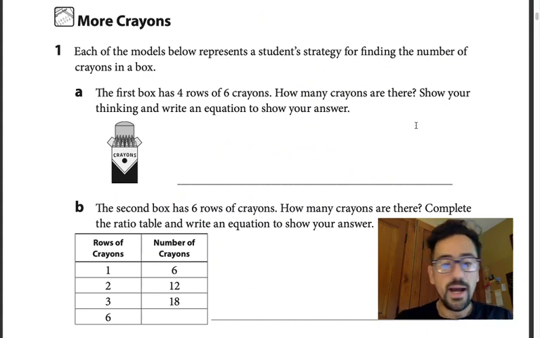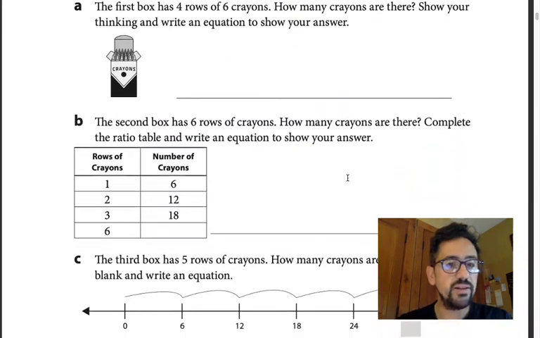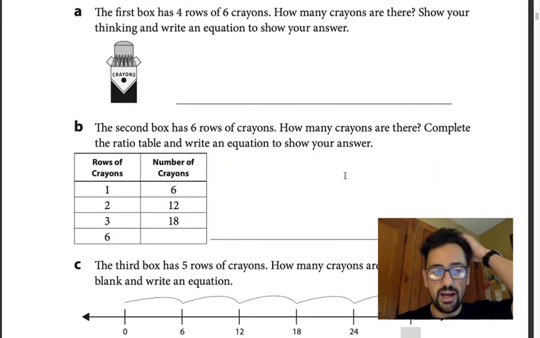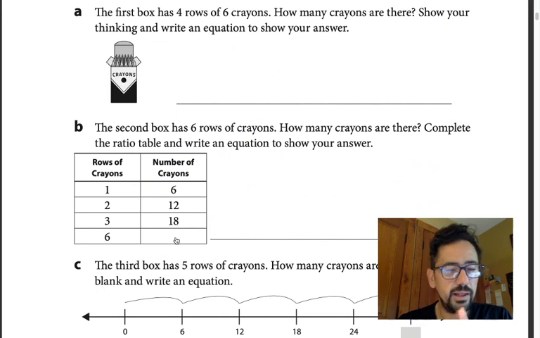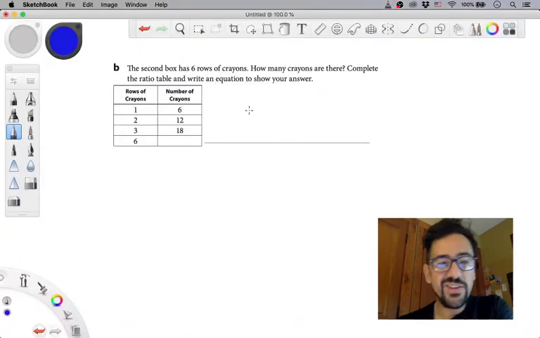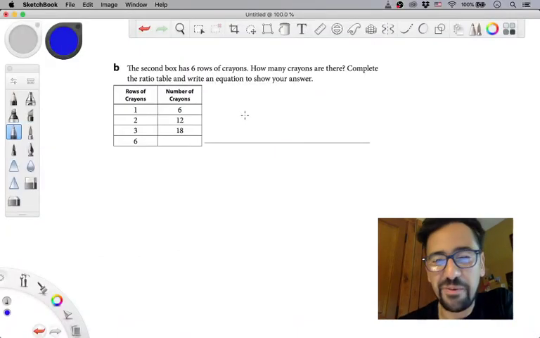So what happens now with 6? There are several ways that I can do this. The first one that comes to my mind is, okay, 6 is twice as much as 3, so whatever this number is going to be, it is twice as much as 18. Let me pause it so I can work on it in my sketchbook. Hold on. Okay, so we have the problem right here in the sketchbook.